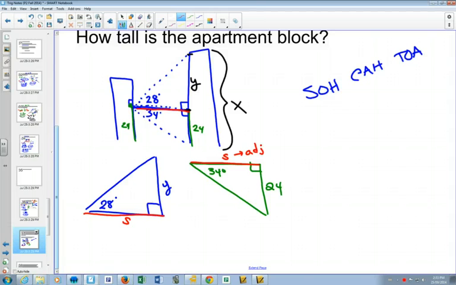That right away tells us we are not going to use sine. And we've got to use TOA because the info we do have is the 24, and the 24 is right opposite, so we have to use tan. And now we write out the definition for tan. Tan of 34 degrees would be the opposite side over the adjacent side, which is our s.